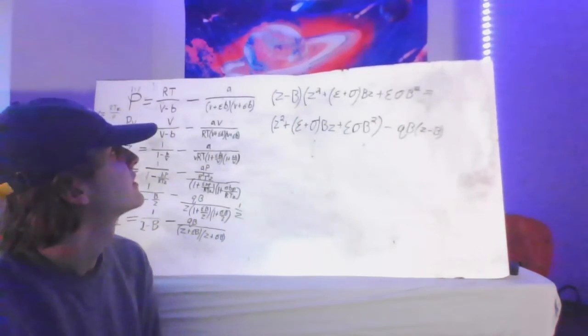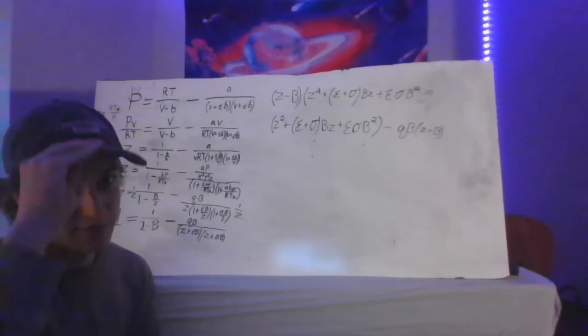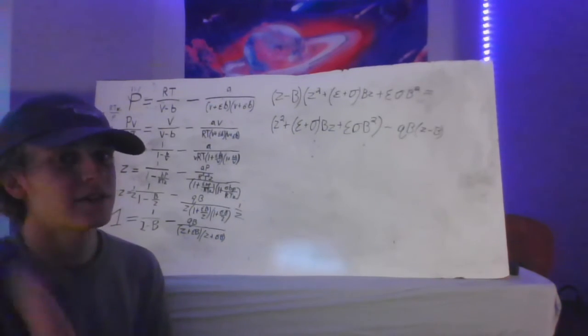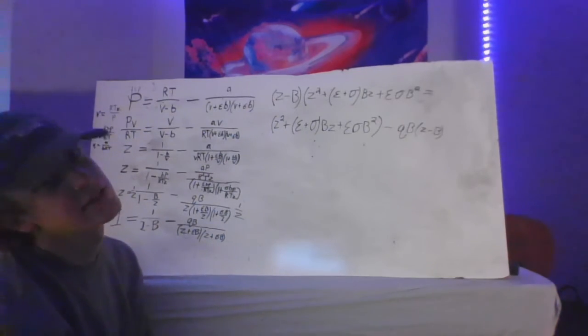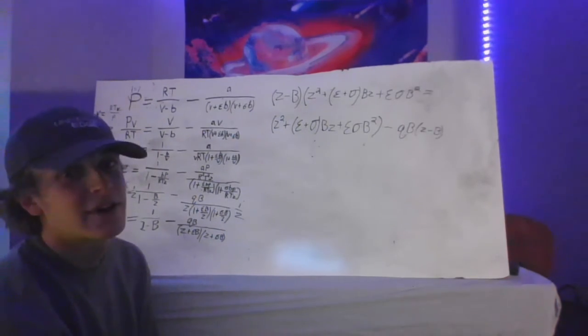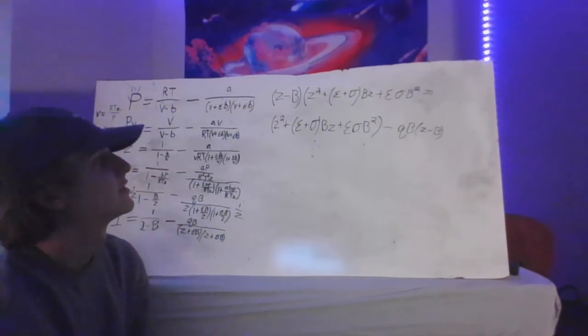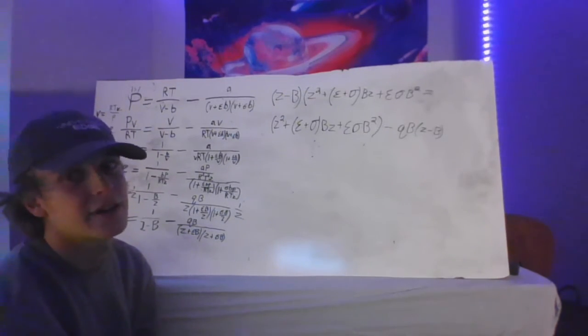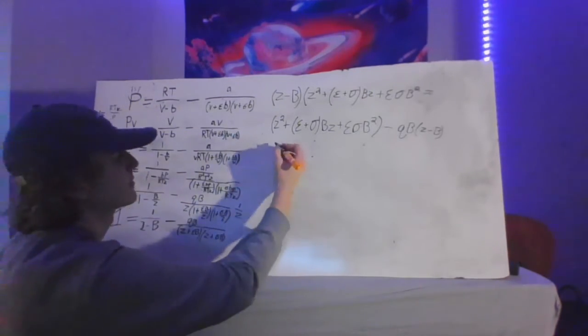So now all that's left to do is to multiply this out and combine like terms. To make this simpler, I'm going to do this systematically. I'm going to find the quantities that have Z to the third, Z squared, Z, and then our constants, and list them in columns.